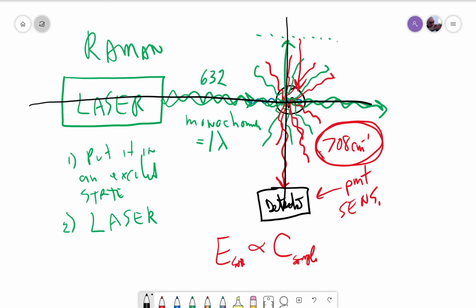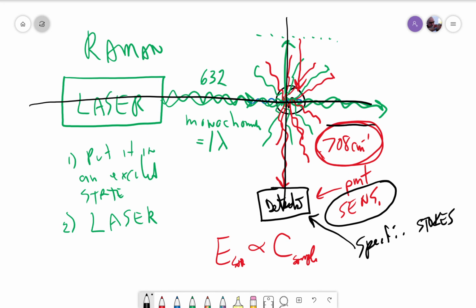This has the added advantage of a fluorescence technique, which provides a geometry of the instrumentation that gives high sensitivity, but also specificity due to the structural dependence of the Stokes emission. This 708 that is being emitted can only come about from a molecule which has the carbonyl, because it is shifted by the exact energy.